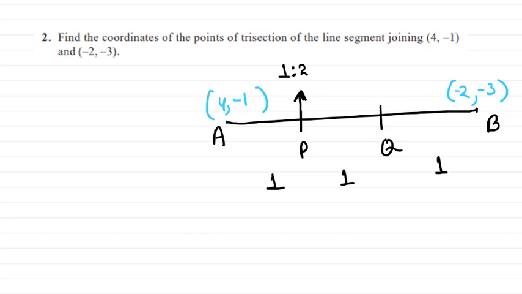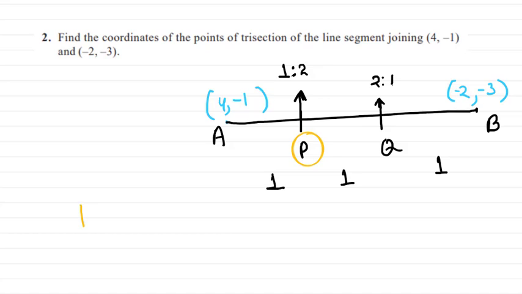The same way, if you need to find out the coordinates of Q, Q is dividing the line AB in how many parts? 2:1. So the ratio for Q will be 2 by 1 and the ratio for P will be 1 by 2. And now I think we can find out the coordinates of P and Q.